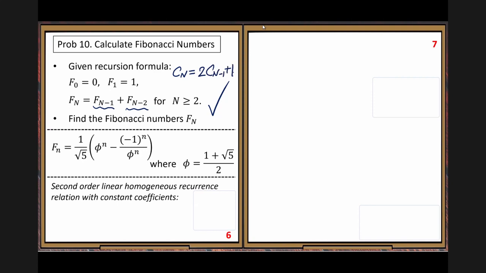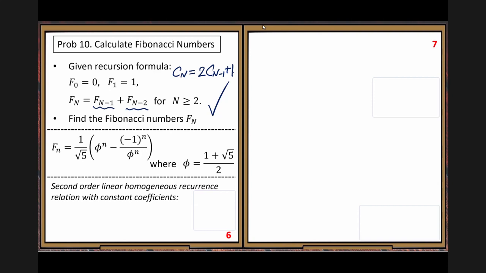You can see this is the first order, because at the right hand side there is only one sequence number, the C sequence. We only use one previous sequence number. First order, second order.